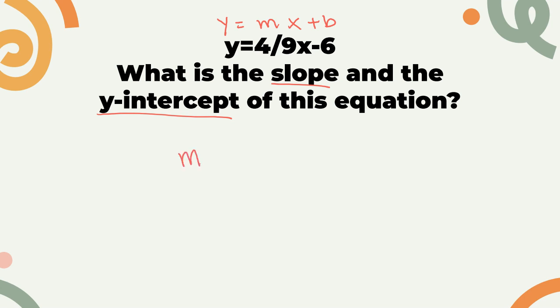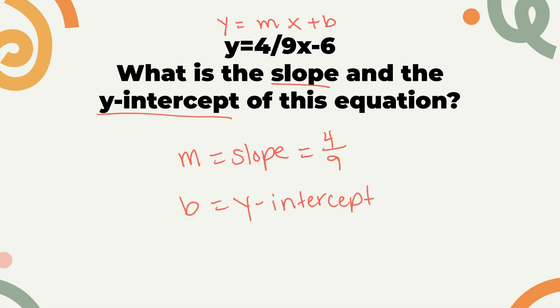So our slope would be what? 4 over 9, and our b, which is the y-intercept, is what? Negative 6, because remember, if I'm used to seeing plus b and I have a minus 6, that just means that my y-intercept is negative.